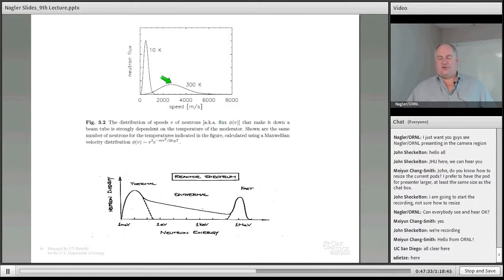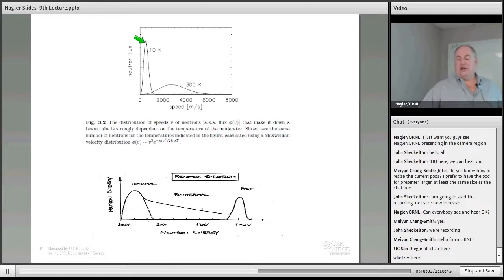So you can see for 300 Kelvin, if the neutrons are moderated there, I have a fairly broad distribution that covers this range of a few thousand meters per second. In energy, we'll see the graph below, and I'll come to that in a minute. Okay, if I cool this down and moderate it to a temperature more like 10 Kelvin, I dramatically shift that distribution to lower velocities, lower energies, and concomitantly longer wavelengths.